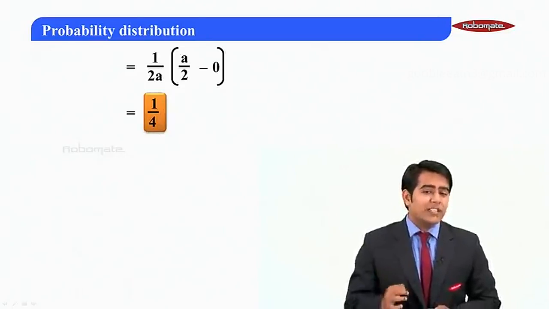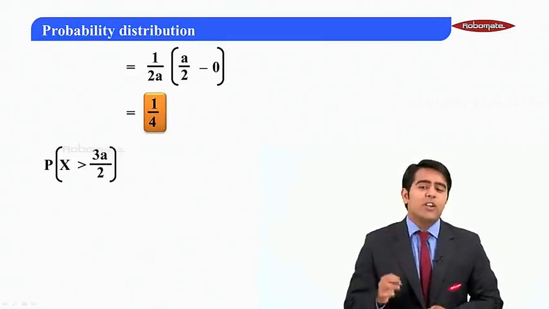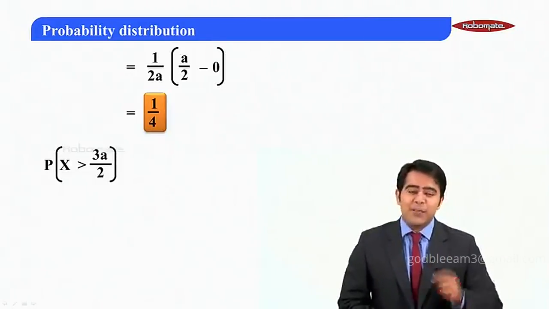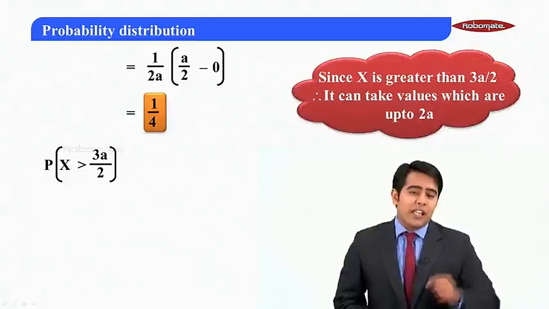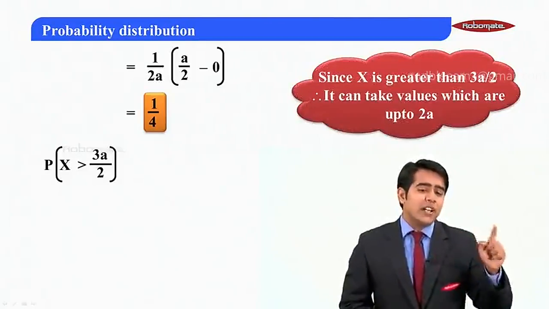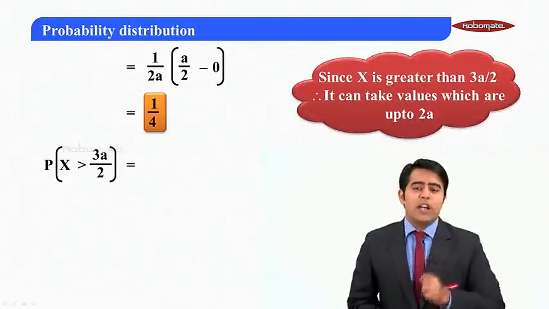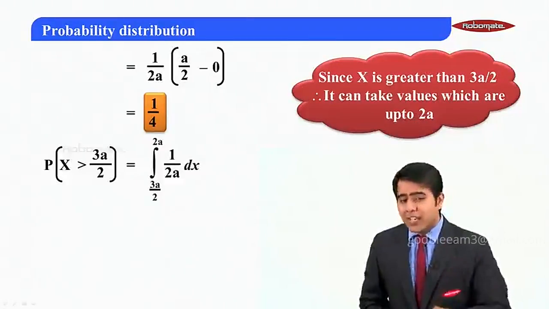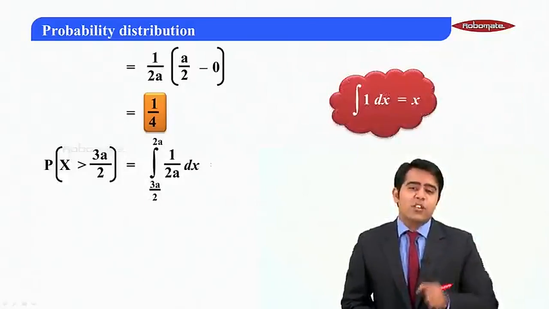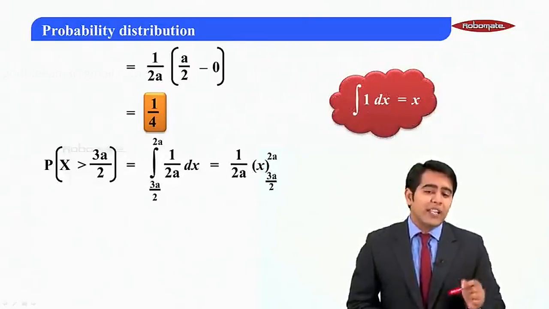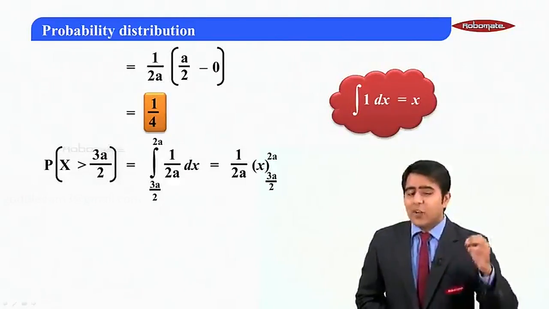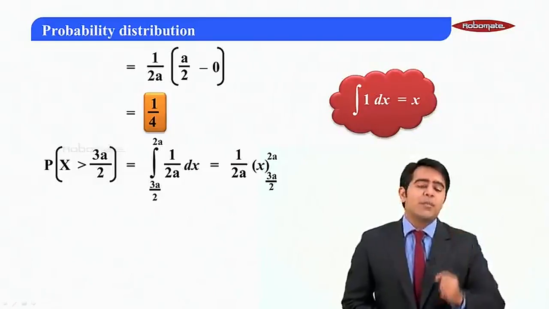So I have calculated the value for LHS. Now moving on to the RHS part. P of x greater than 3a by 2. Greater than 3a by 2 means it can take values which are up to 2a. So I have to take integral from 3a by 2 up to 2a, 1 upon 2a dx. So solving this, integral 1 dx is nothing but x. Substituting the value here, 1 upon 2a x from the lower limit 3a by 2 to the upper limit 2a.